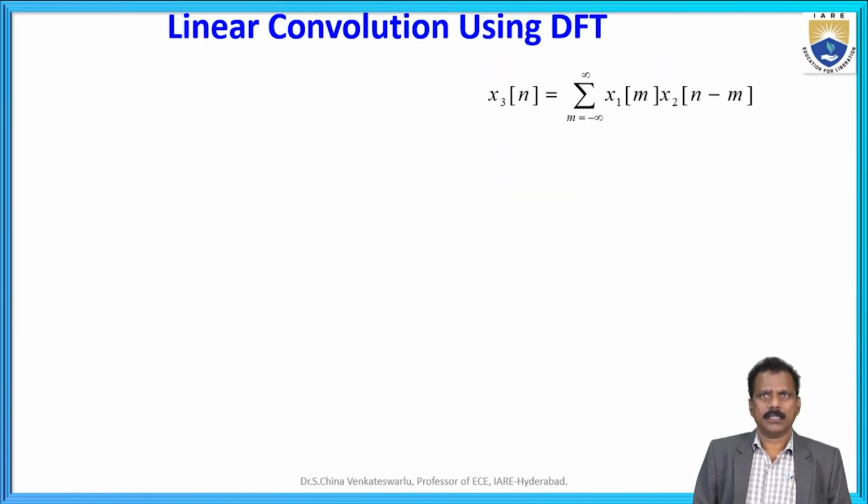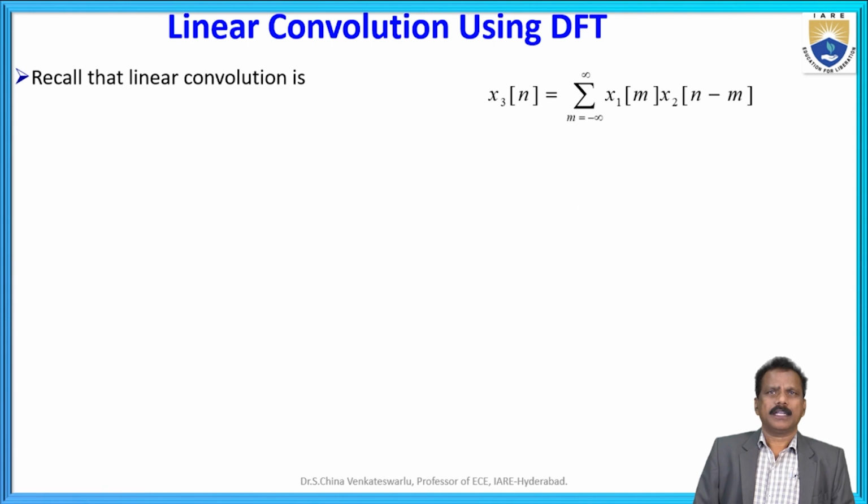Next, linear convolution using DFT. Here x3 of n is equal to summation m equals minus infinity to plus infinity x1 of m into x2 of n minus m.